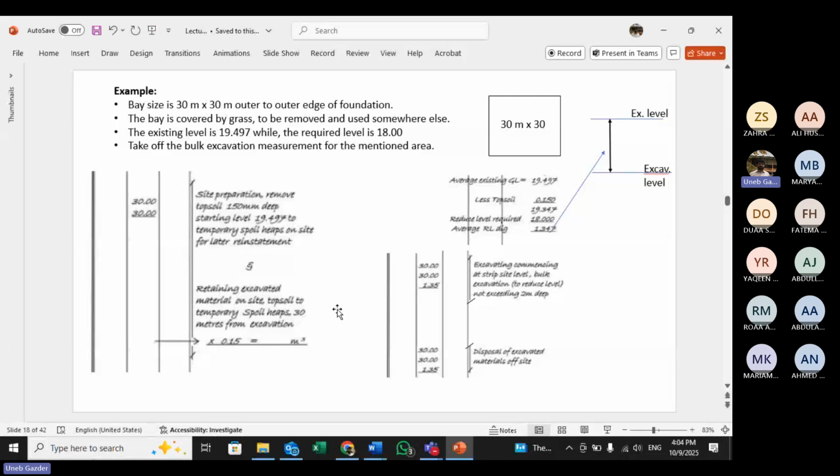And obviously, if the trucks are available, you will not waste your time in some other activity until you are done with the excavation. So now you are taking out the soil. Now you have to put it somewhere. There are standards and procedures which you have to follow to store this soil before you dispose it off. The excavated soil cannot be just left on the site in an unplanned manner.